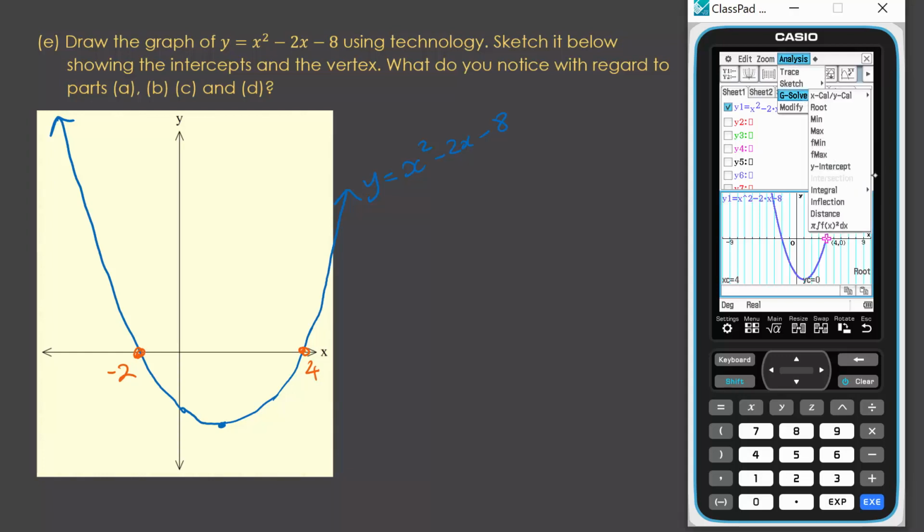Analysis, G-solve, Y-intercept. It tells me that's at 0, negative 8. And the turning point here, we find that by doing minimum. And we can see that that is at 1, negative 9.